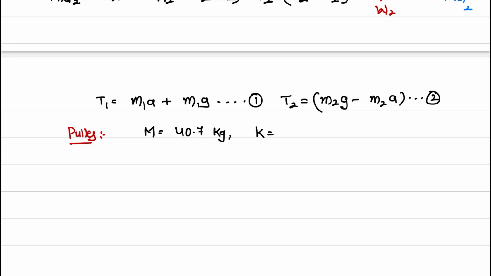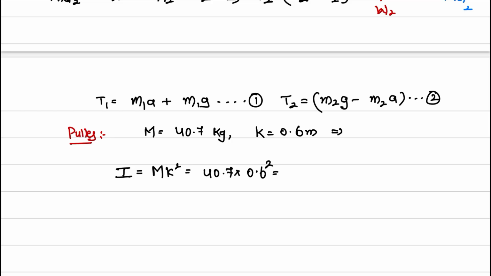Radius of gyration is equal to 0.6 meters, which implies the moment of inertia of the pulley is equal to mk square. That is 40.7 into 0.6 square. Are you able to understand?